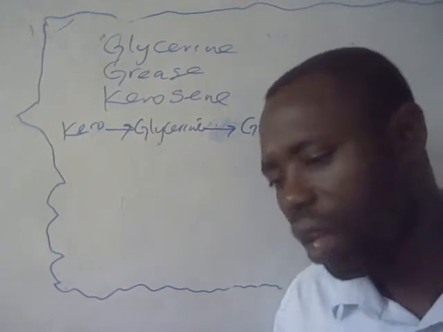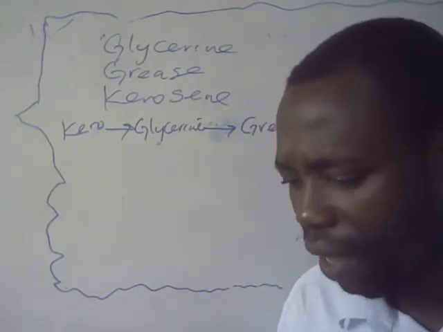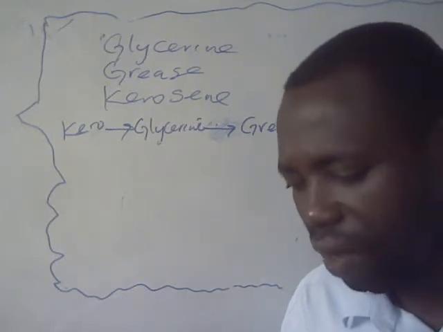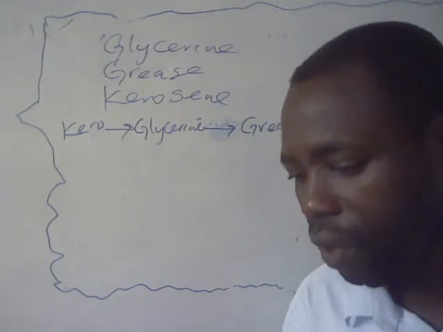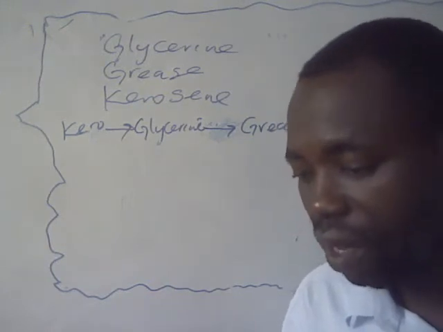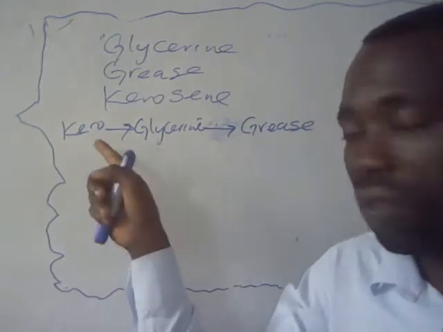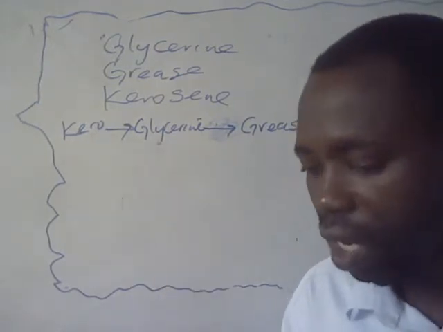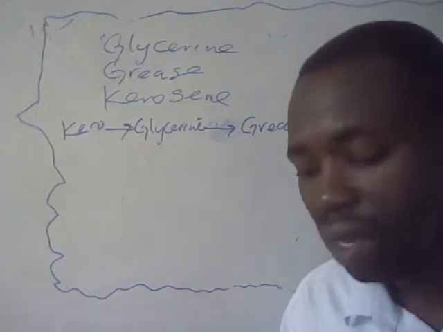So let's see the options. Option A, glycerine first, wrong. Glycerine, grease, and kerosene, wrong. Option B, glycerine first, wrong. Option C, grease first, wrong. You are looking for grease last and kerosene first. Option D, kerosene first, glycerine second, and grease third.